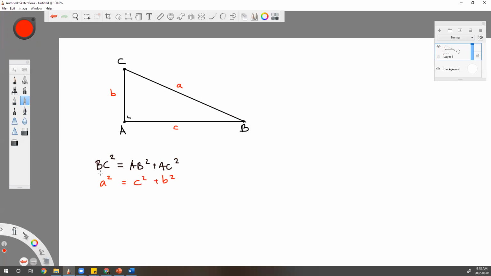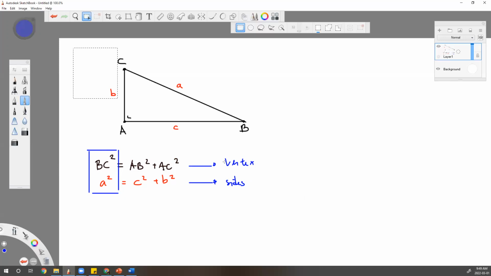So it is totally the same. It's just about the terminology. First, this is the vertex perspective, and this will be the side's perspective. You can choose any, pick one.